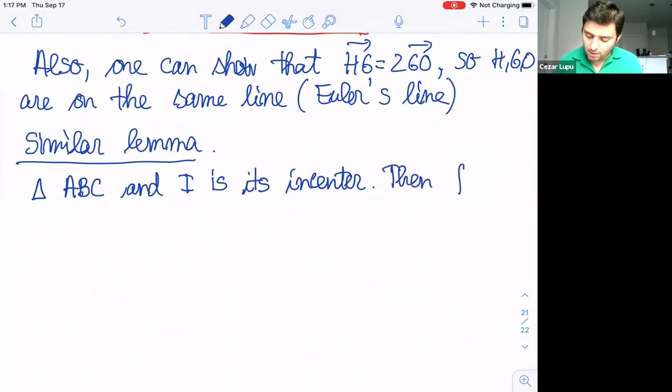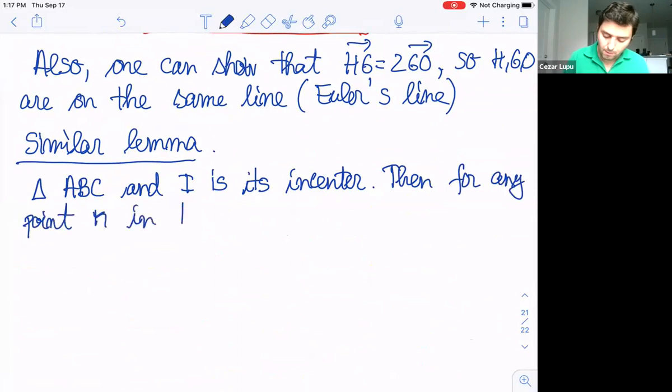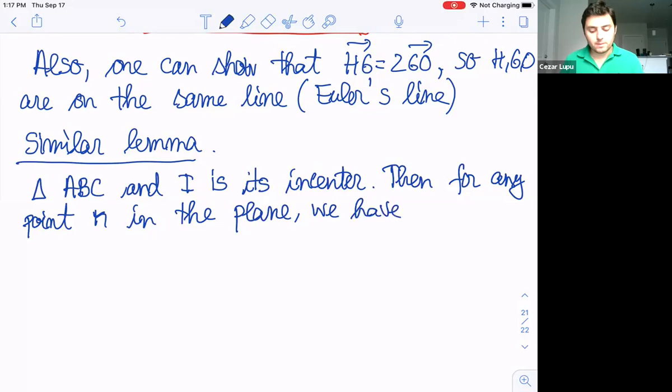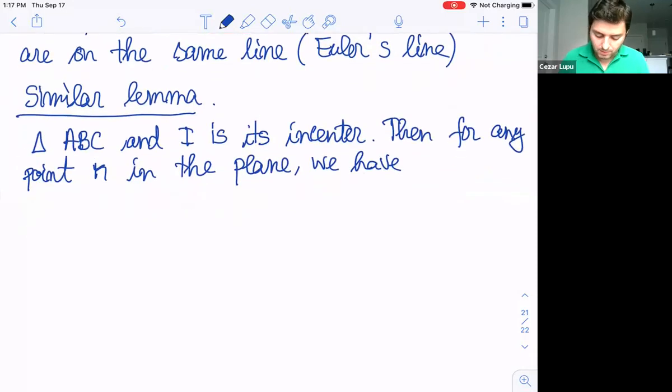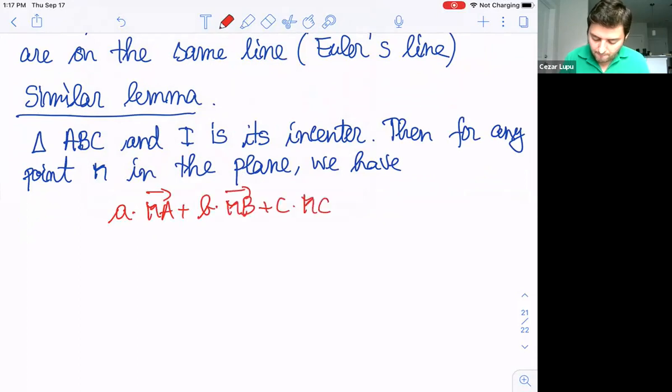Then for any point M in the plane, we have a times MA vector plus b times MB vector plus c times MC vector, which will be a plus b plus c times MI vector.